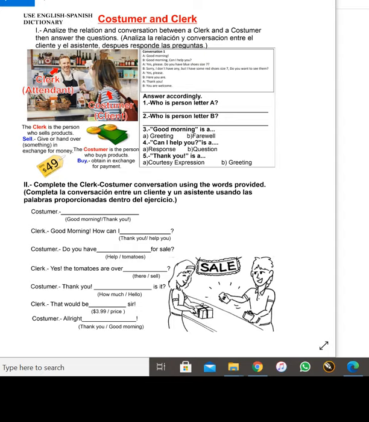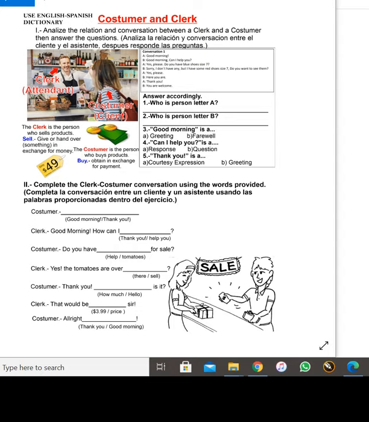Okay, it says letter A. Good morning. Letter B, good morning. Can I help you? Okay, so right there you can see the difference between who is who. Who is the clerk or attendant, and who is the customer or client.